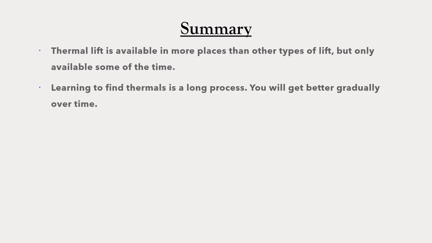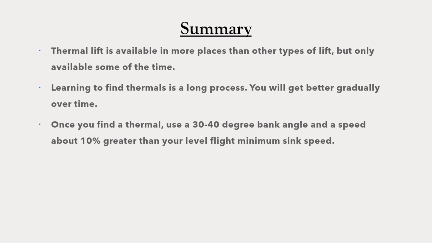It's a long process to get proficient, but you do gradually get better over time. So when you find a thermal, use 30 to 40 degrees of bank angle and about 110% of the minimum sink speed that shows up in the glider's data.